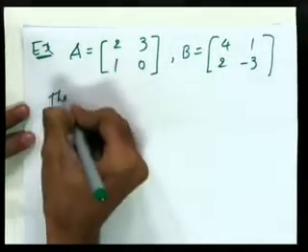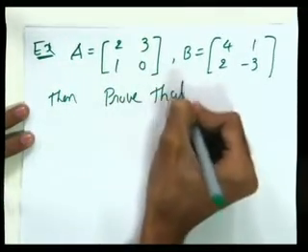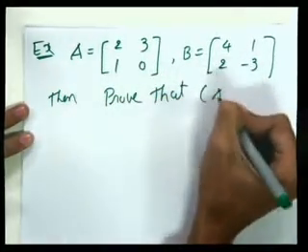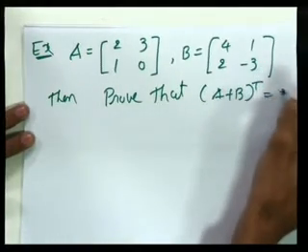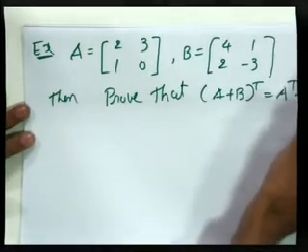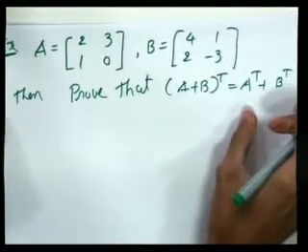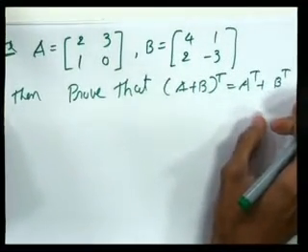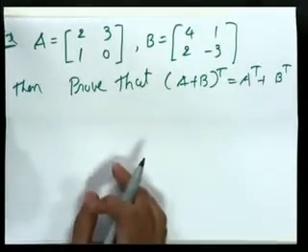Then prove that the transpose of A plus B is equal to the transpose of A plus the transpose of B. We need to prove that the transpose of (A plus B) is equal to the transpose of A plus the transpose of B.